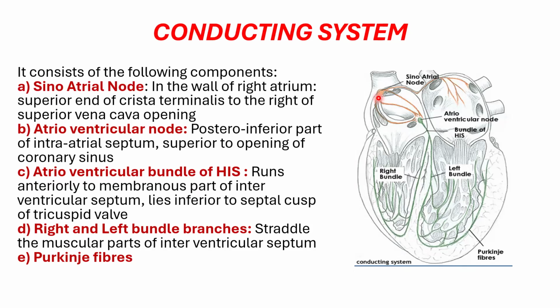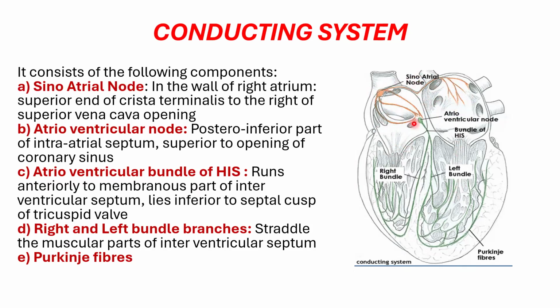So what are the components of this conducting system of the heart? You start with the sinoatrial node here, which sends impulses, actually all the time, from the SA node, sometimes to the left atrium. Remember this is the right atrium, this is the left atrium, right ventricle, left ventricle. So it can have an interatrial pathway from the right atrium to the left atrium.